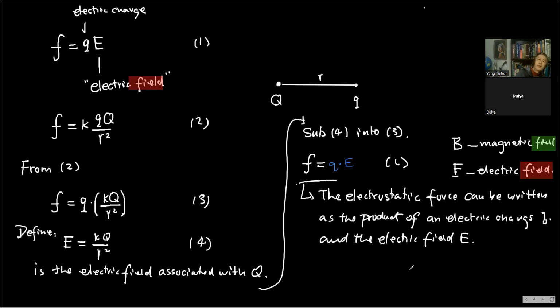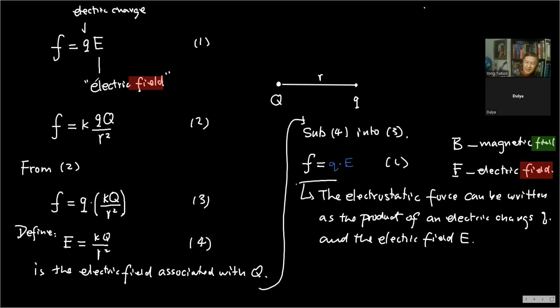Can you see? This is different from Coulomb's law. Coulomb's law says the force can be written as a product of the two charges divided by their distance squared, multiplied by a constant K, right?